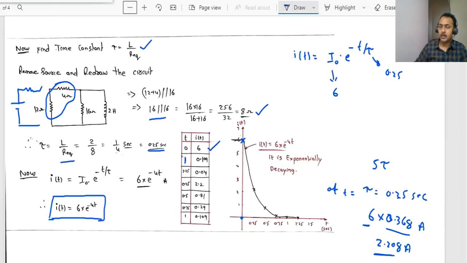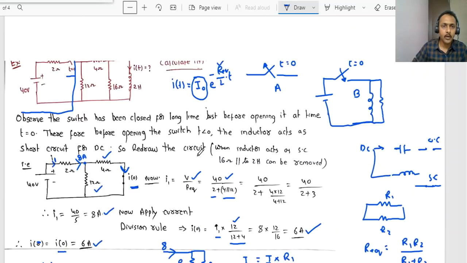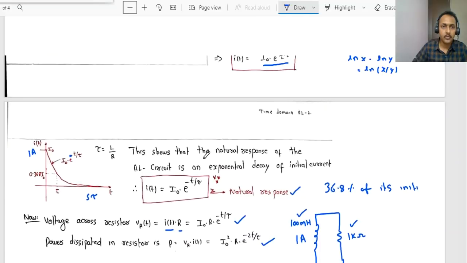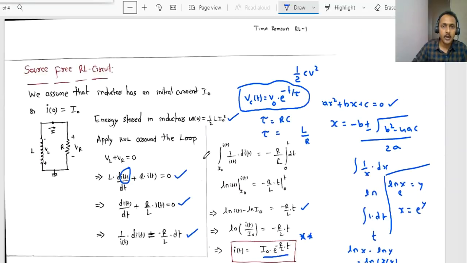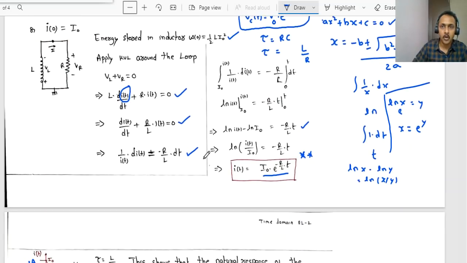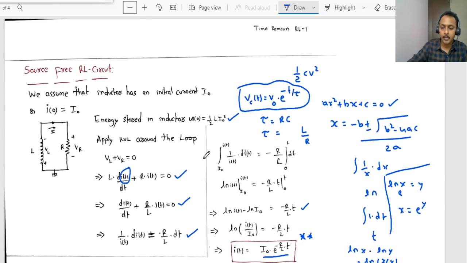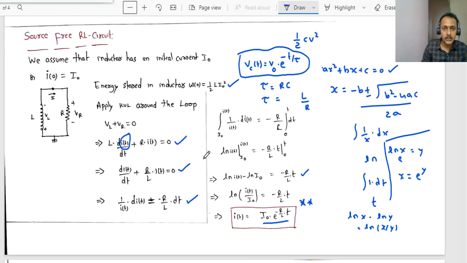Clear? Now this is all about the time domain analysis of a source free RL circuit. Dear students, out of this entire discussion, the major key points are: this is a first order differential equation. This equation will have a solution. The solution of the equation is I of t equal to I naught into e power minus R by L into t. I naught is the initial value of the current, right?